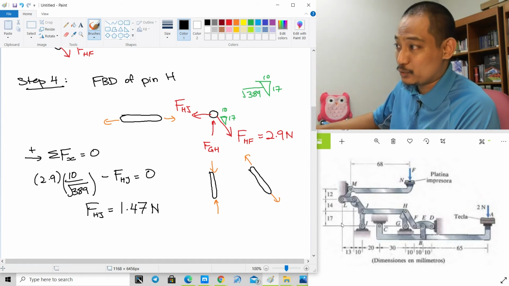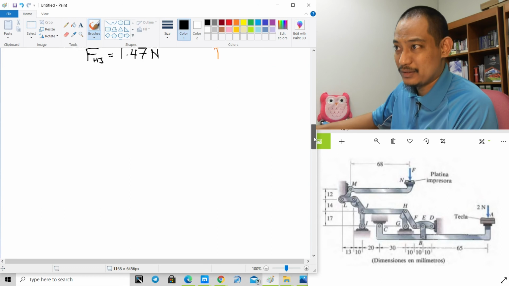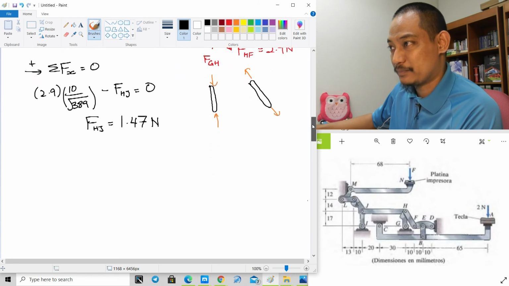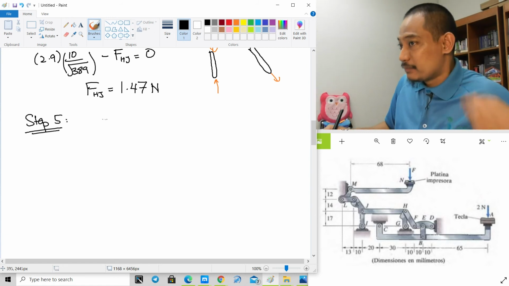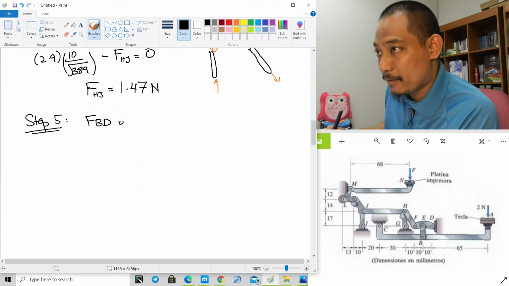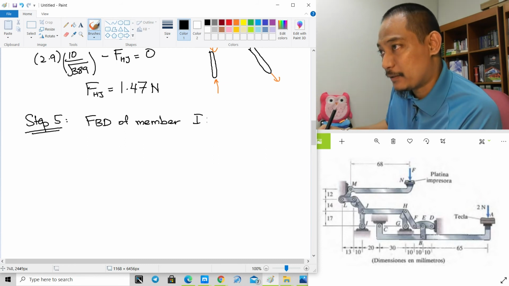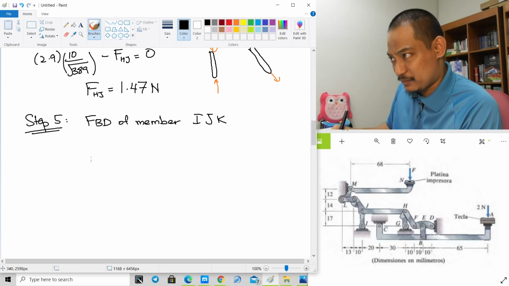Now we can go to member IJK. It's a weird shape, but regardless. Step 5, free body diagram of member IJK. The shape is something like this, something going down.